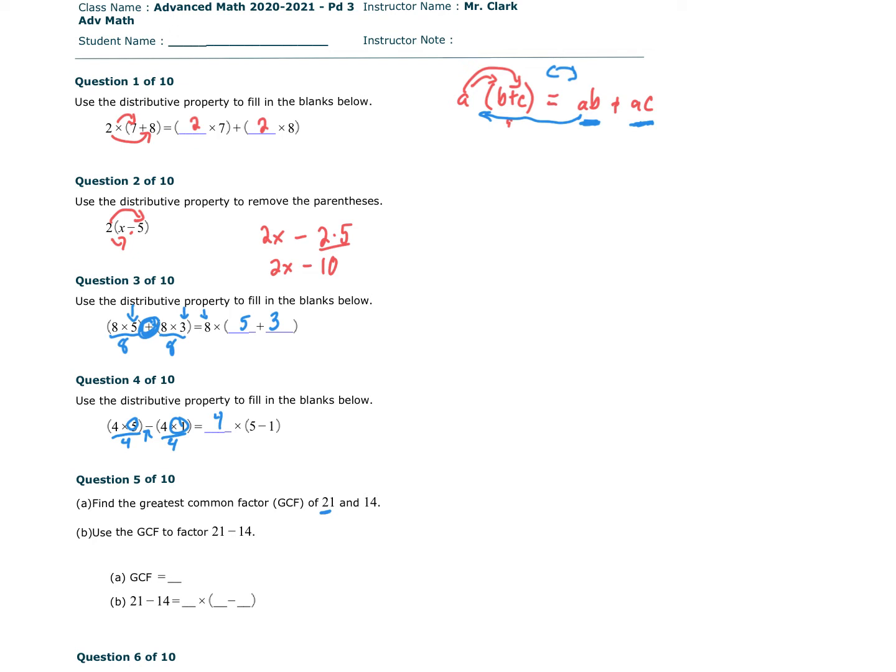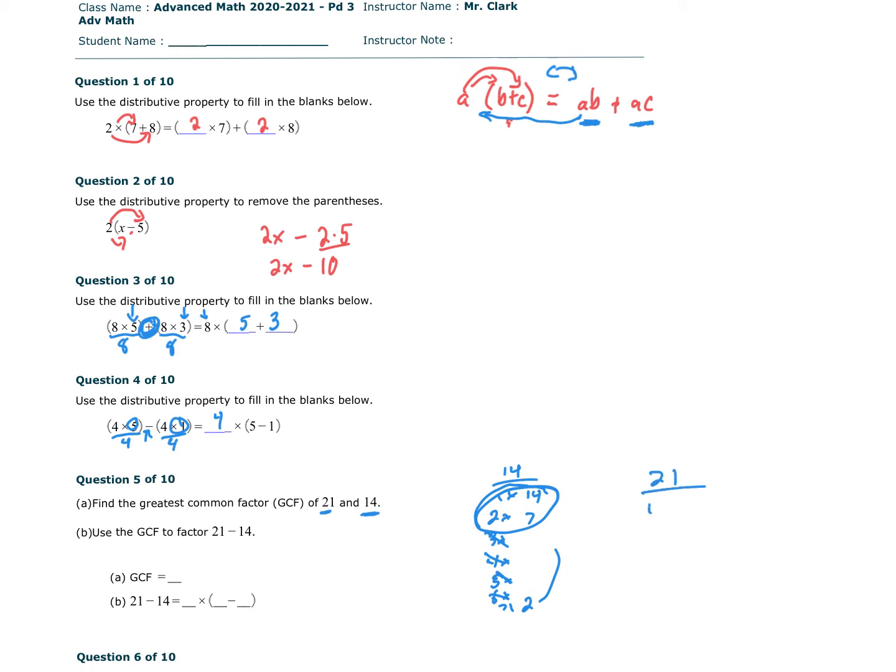So first, for question 5, let's find the greatest common factor of 21 and 14. Remember how we found factors? 1 times, 2 times, 3 times, and we keep doing this. That would be the most drawn out way to do this. 3 times nothing, 4 times nothing, 5 times nothing, 6 times nothing, 7 times 2. That's a repeat, so we're done. So those are my factors of 14.